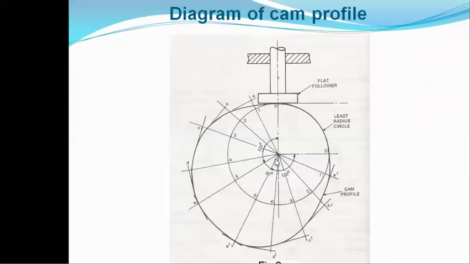Similarly here also O5 dash produce it, O4 dash produce it, O3 dash produce it, O2 dash produce it, and so on.